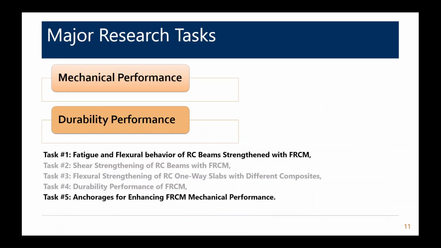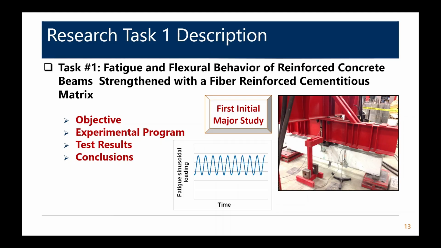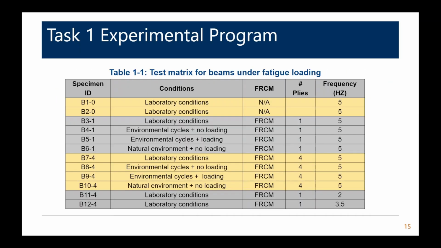So we'll jump into fatigue and flexural performance, and our overall objective here was to see if fatigue cycles affected the FRCM system, and then at the same time expose some of these members to different exposure conditions in an environmental chamber and an exterior environment to see what effect that had on the system itself. So the objectives were to evaluate the fatigue resistance and also investigate the durability of the FRCM system.